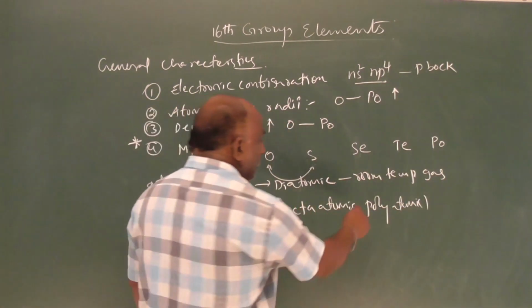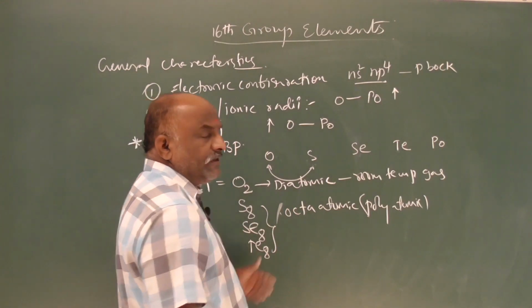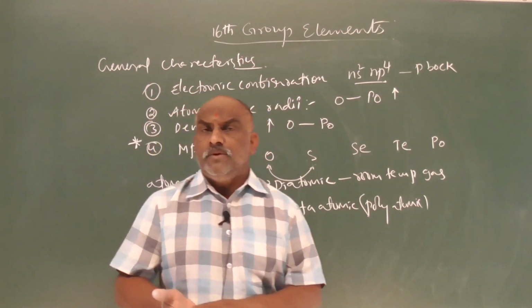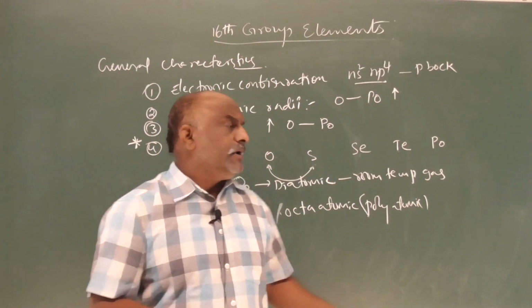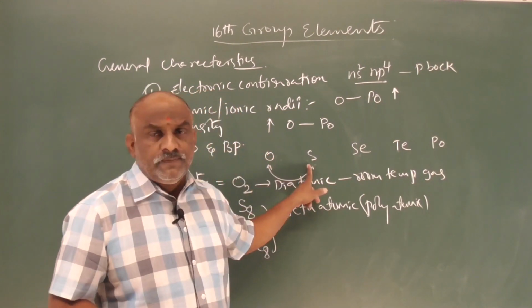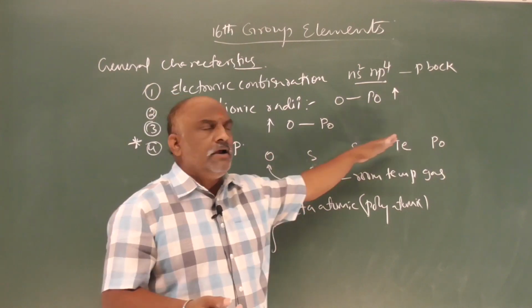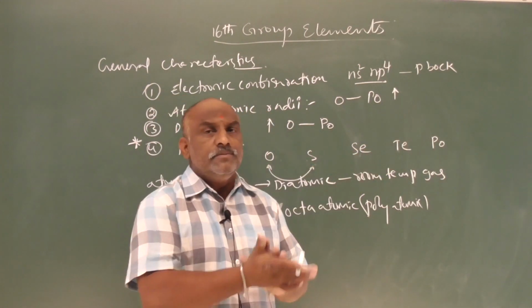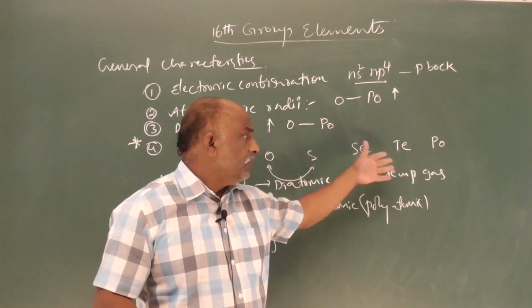Clear. So, this was the reason why melting points and boiling points suddenly increase from oxygen to sulfur. Then from sulfur onwards we observe a regular trend. Due to the structure of polonium, its melting point becomes less compared to the remaining.